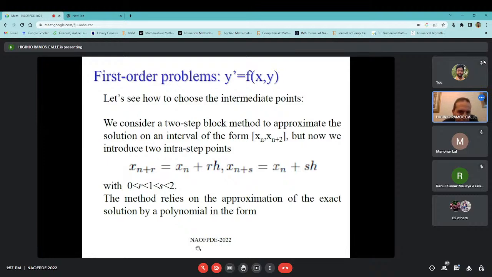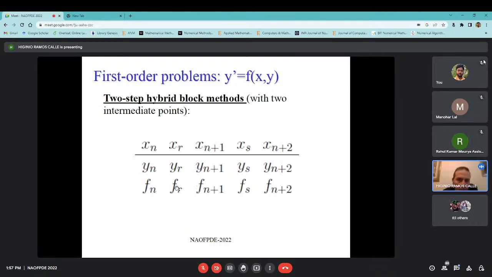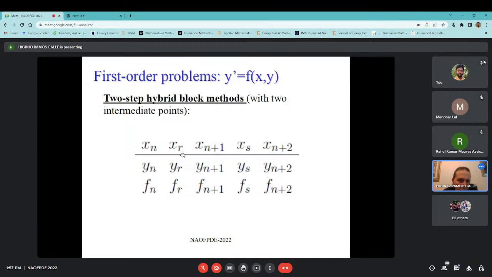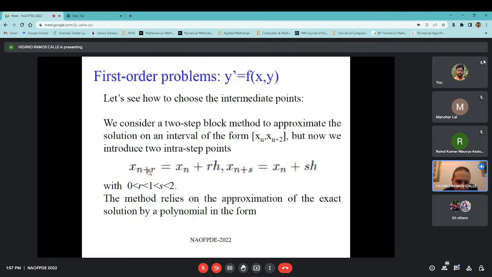So we have xn plus r, which is an intermediate point, or xr. I call it here xr, but it is the same notation.